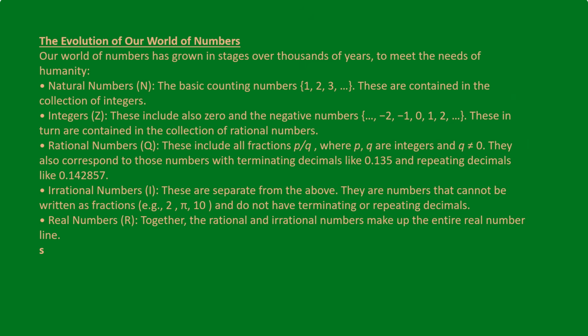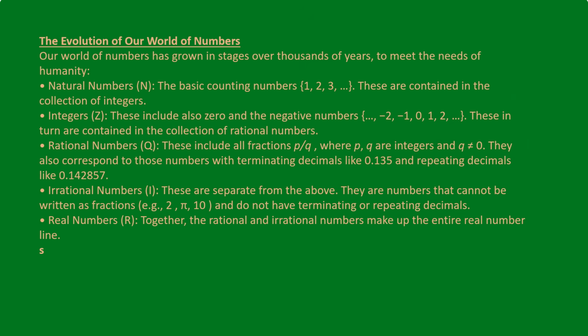So, they can represent those numbers with terminating decimals and repeating decimals, which we will be looking into in detail in this chapter. There are other numbers which are called the irrational numbers also, which cannot be written in the form of fractions like p by q, because if you can write a particular number in the format of p by q, it becomes a rational number.